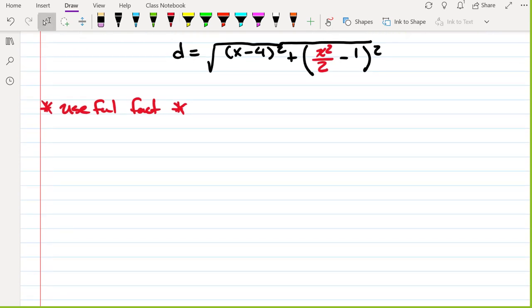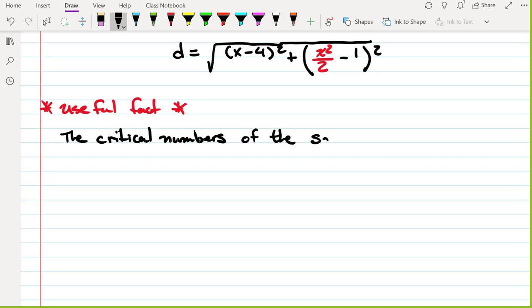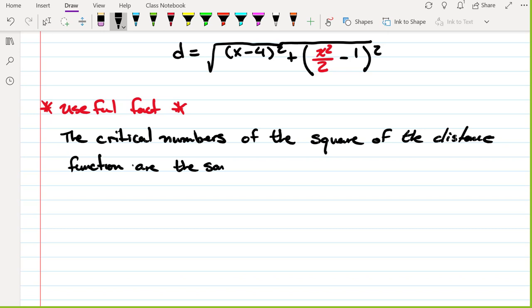The critical numbers of the square of the distance function are the same as the critical numbers of the distance function.